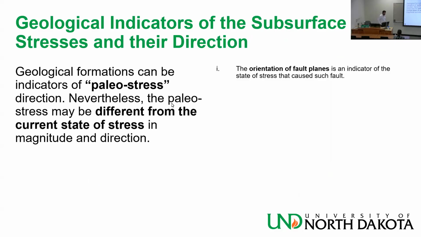These stresses can be used to indicate how the stress was in the past. There is a petroleum geology professor now in the geology department doing paleo stress modeling, but using chemical indicators. This is a mechanical indicator.